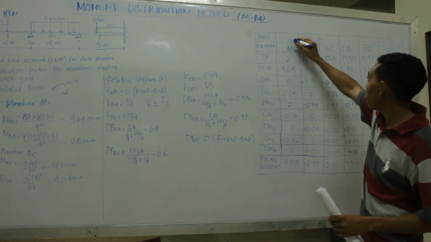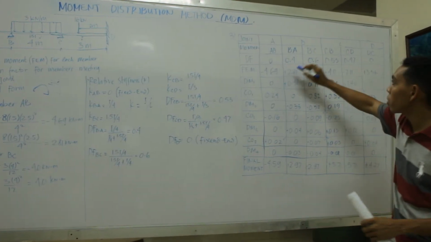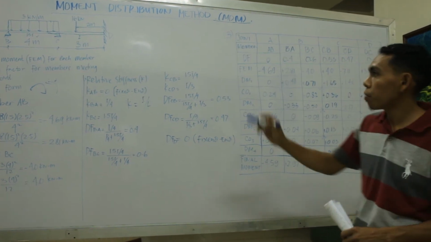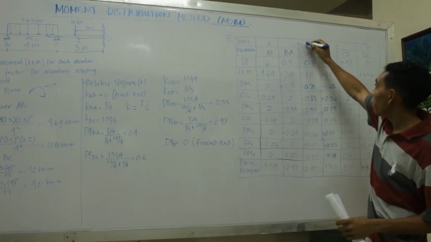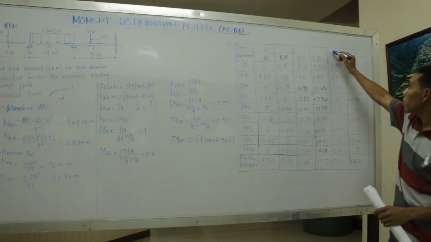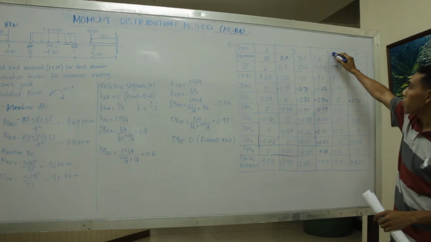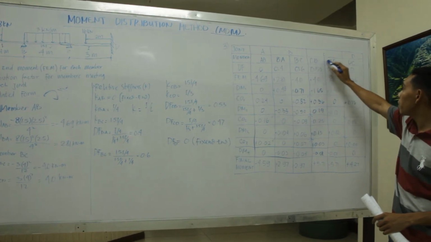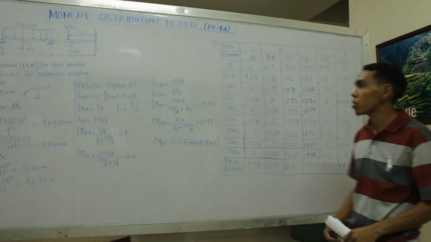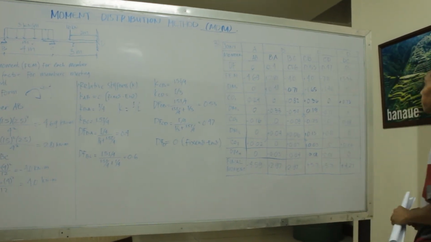For joint A, we have AB only, because point A is a fixed end. For point B, we have members BA and BC, and for joint C, we have members CB and CD. For joint D, we only have one member, DC, because joint D is a fixed end.